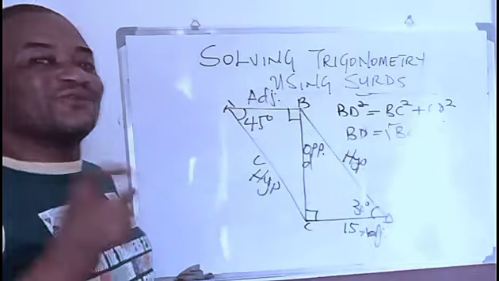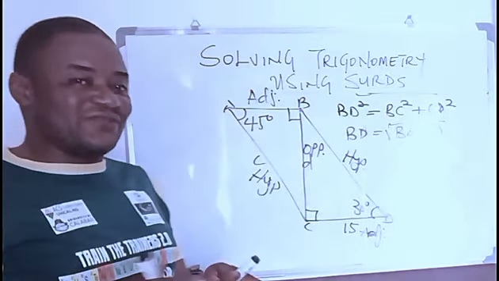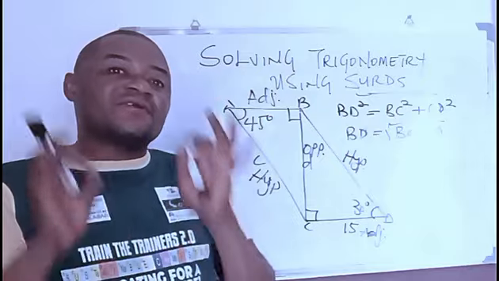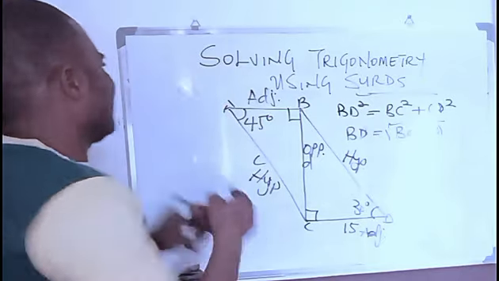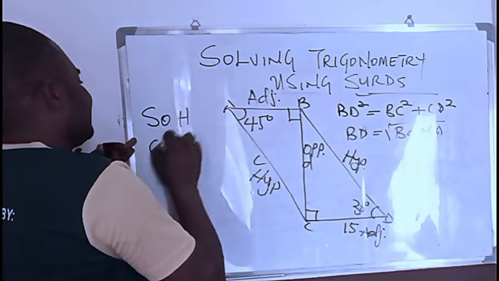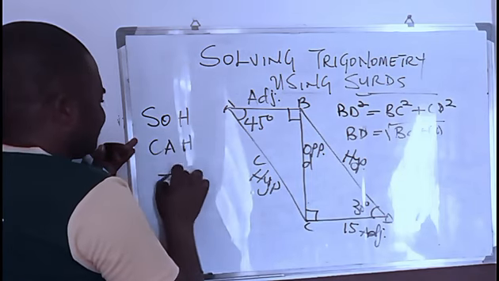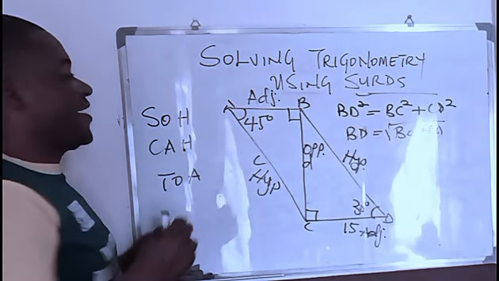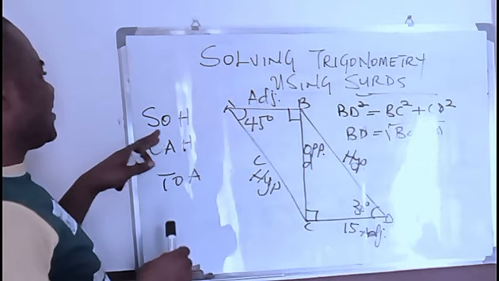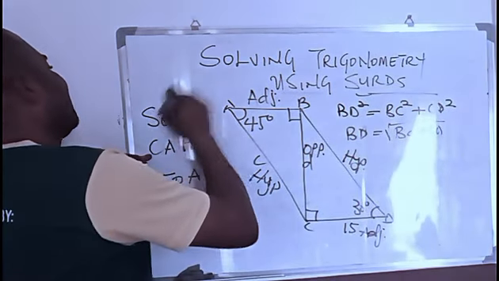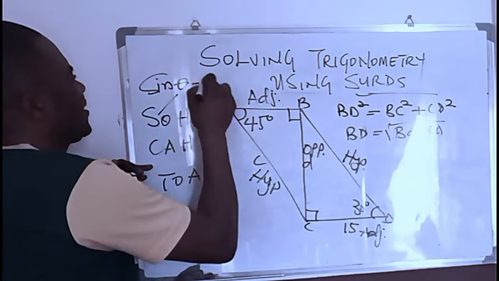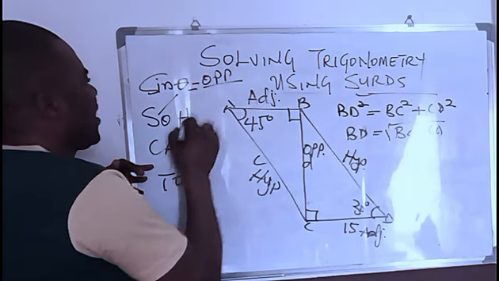The next thing for you to do to understand trigonometry is to understand the conventions in trigonometry. There are 3 conventions, and the first one is SOHCAHTOA. You have heard this before. Now, the SO means sine theta is equal to opposite over hypotenuse.